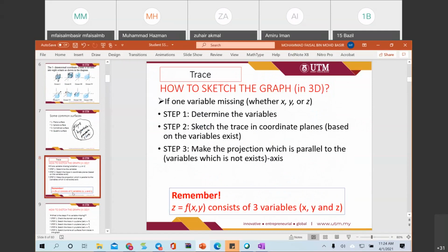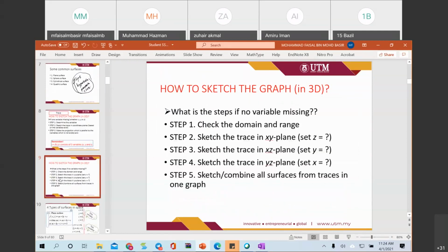Determine the variable, sketch the trace, coordinate in the coordinate, and then make the projection which is parallel to the variable, not the trace. I will explain this later. Remember, z = f(x,y) consists of three variables: x, y, and z. Check the domain, sketch the trace.